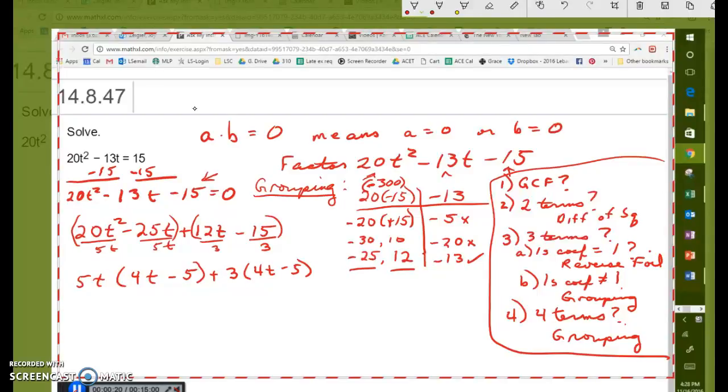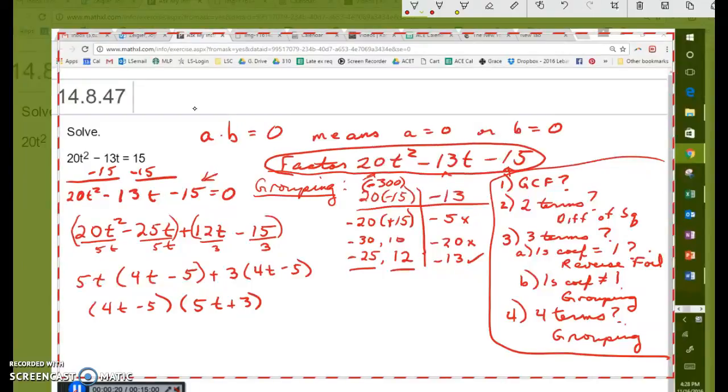And because the first parentheses and the last parentheses are the same, we can pull them out like this, and what we're left with is 5t plus 3. So we have factored this expression here, and now let's remember it's the same as this.